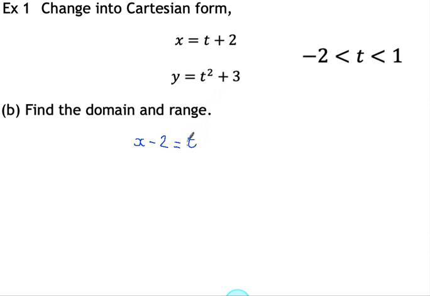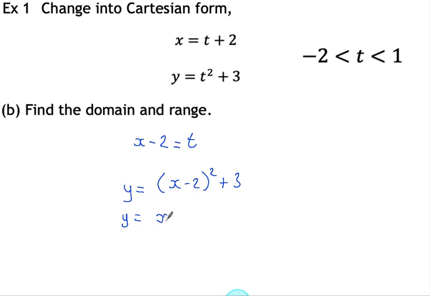Now we have something written in terms of t, we can substitute it into y. That's an okay format. Actually, it's a very, very useful format. It looks like it's in completed the square form, which means we know turning points and things like that.